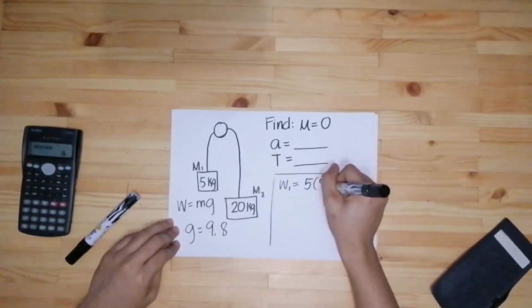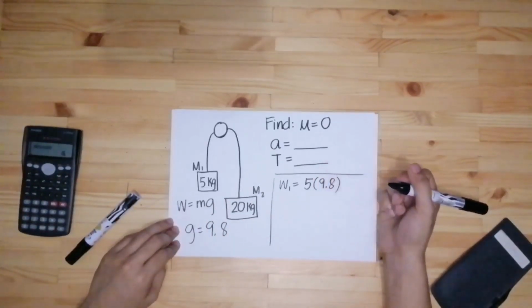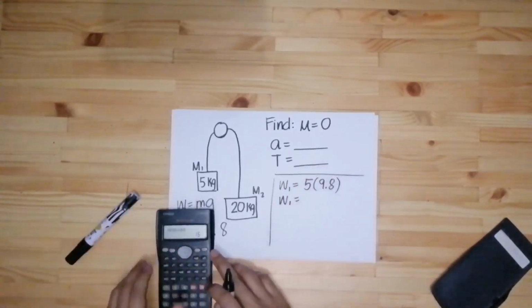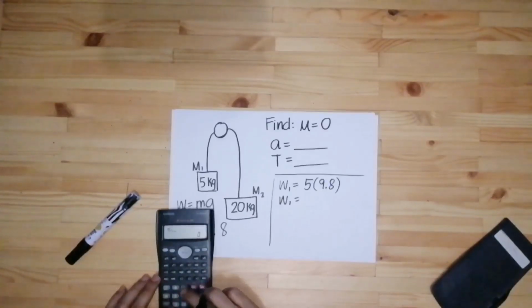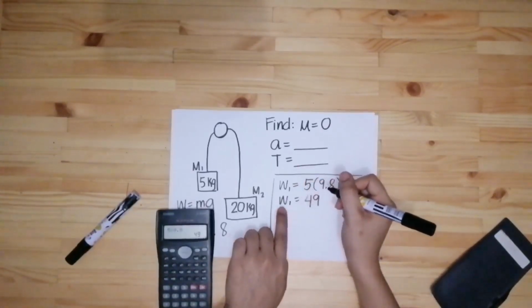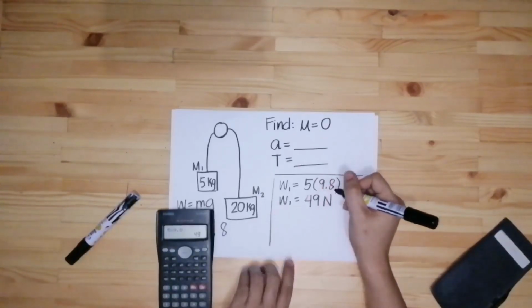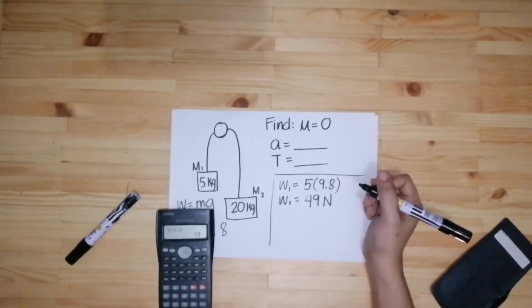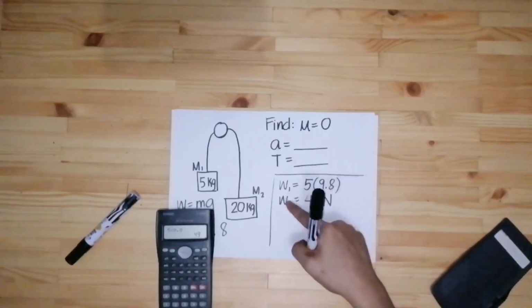So times 9.8 lang natin to. Then the weight 1 would be equal to 5 times 9.8, 49. The unit of the weight is Newton also, because weight is gravitational force. Newton din ang unit niya, kasi force din naman ang weight.